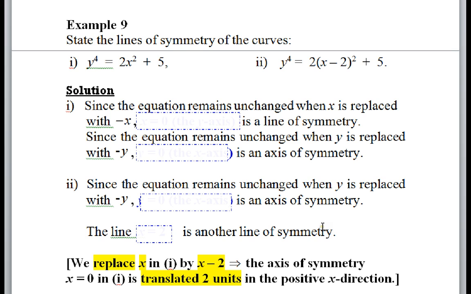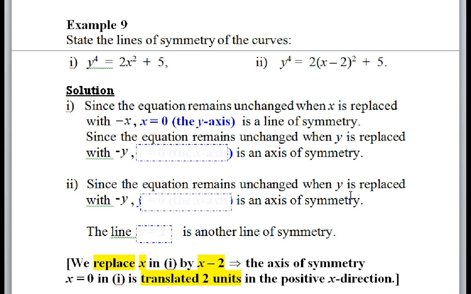I'm going to go through this very quickly. First one here. Quite obvious, right? The part one. Replace x with negative x, you get the same thing. So therefore, the y-axis is a line of symmetry.